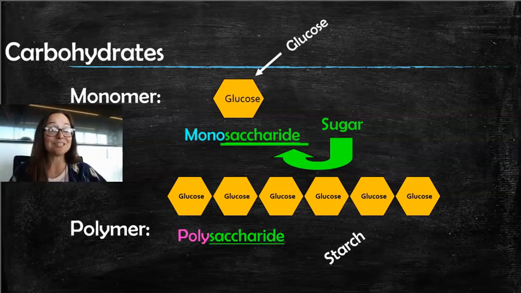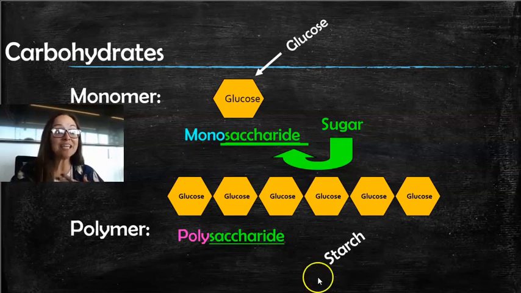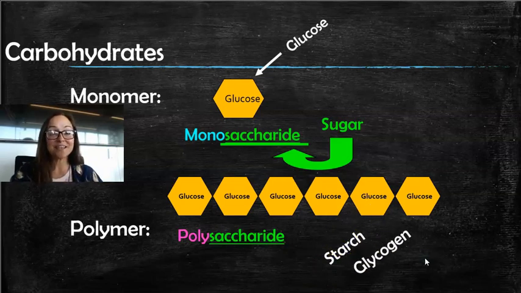And that starch is a polysaccharide that your body breaks down and uses for energy. Now, when your blood sugar is high and you eat these polysaccharides, you're going to save your own sugar as glycogen. Glycogen is the animal polysaccharide. We store extra sugar in our liver in the form of glycogen.